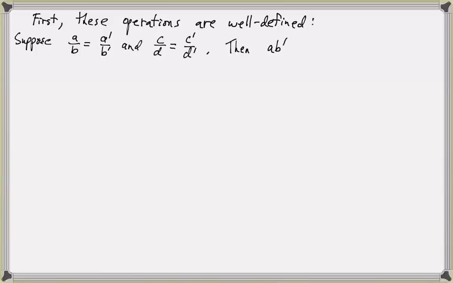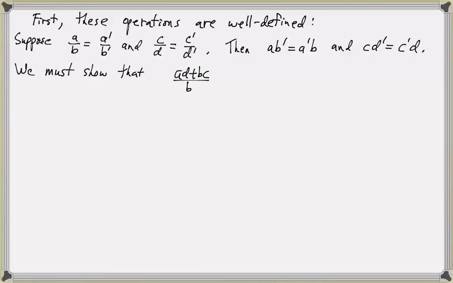Then we know that AB prime equals A prime B, and CD prime equals C prime D. So we must show that the sum AD plus BC over BD is equal to A prime D prime plus B prime C prime all over B prime D prime.